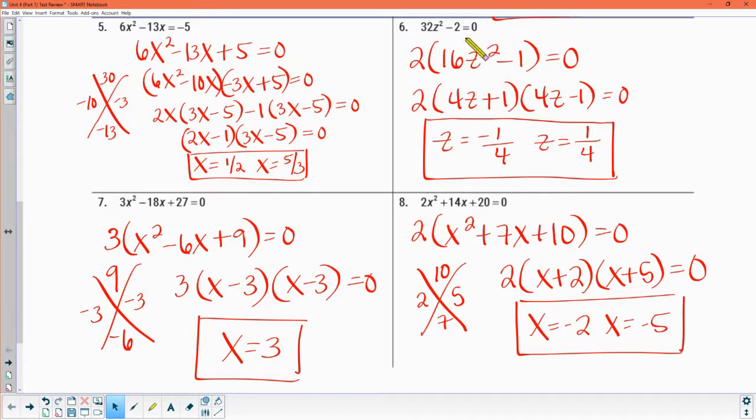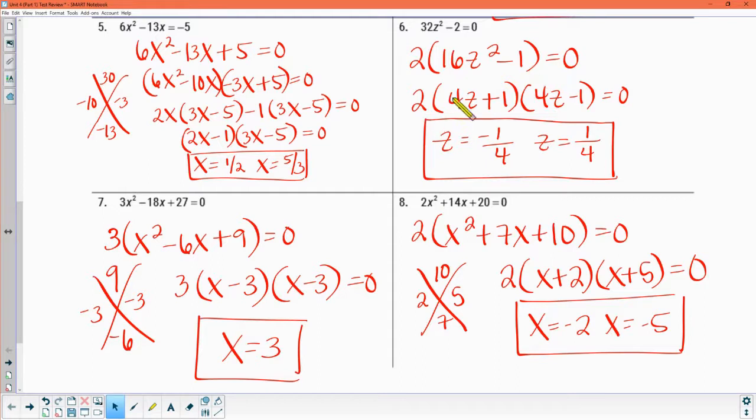For number 6, I do have a GCF, so I need to pull out a 2 from both terms, leaving me with 16z squared minus 1. Now, this is also a difference of squares. Remember, it's a squared minus b squared equals a plus b, a minus b. So my a in this case is 4z and my b is 1.